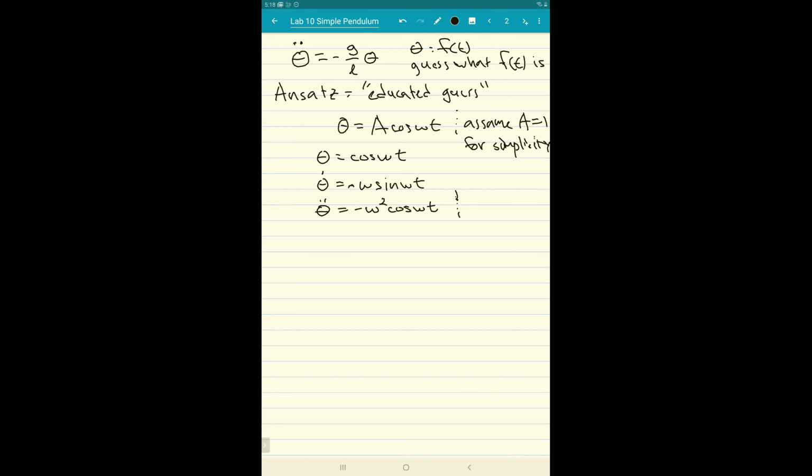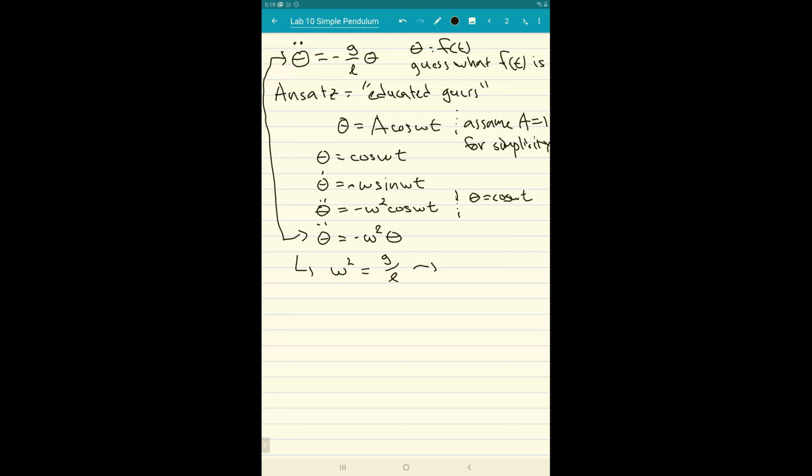If theta is equal to cosine omega t, then what I've just generated is theta double dot is equal to negative omega squared theta. Which, hey, that looks like this, doesn't it? Well, that means that my omega squared must be equal to g over L.